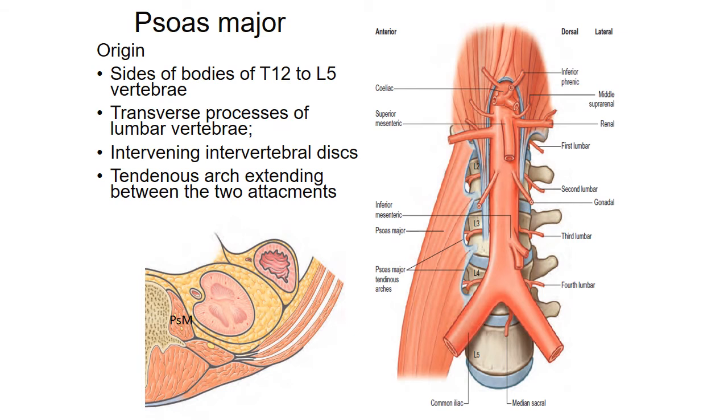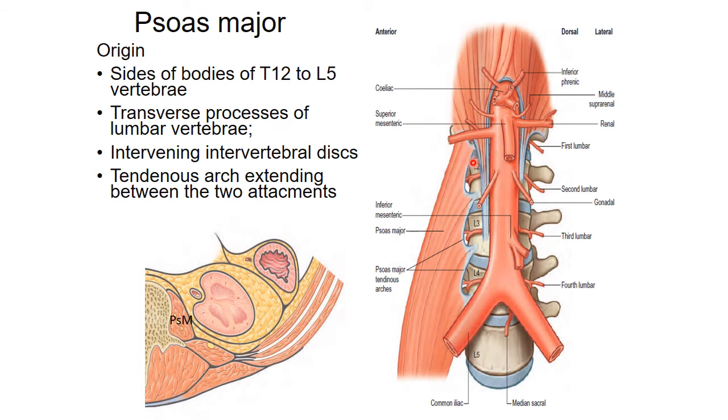Psoas major muscle. We are now familiar with this section. This is the transverse section. So to show the attachment of the psoas major muscle, I have shown you the location. It is present in the medialmost part of the posterior abdominal wall on each side of the vertebral column, the lumbar part. This muscle originates from the sides of the body of the vertebra.